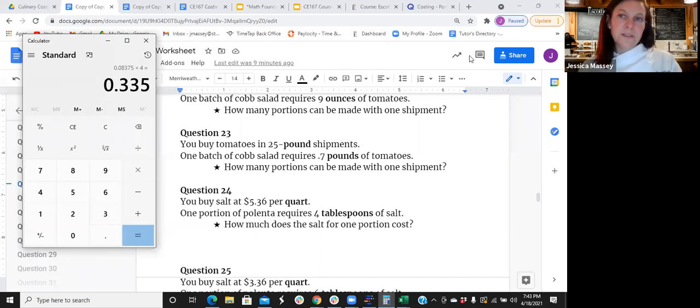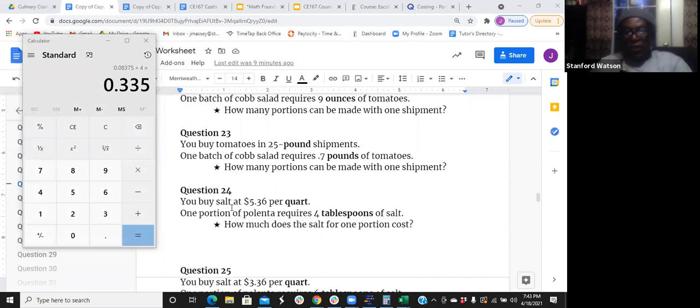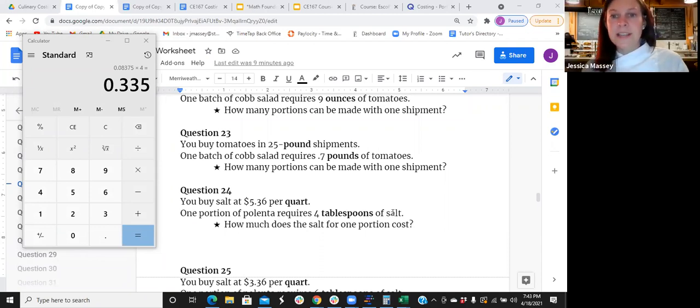Everyone following along so far? So portion, there's no, do we round off? Yeah, you would. When it's asking the cost, that's a great question though, Stanford. When you're talking cost, you're talking cents and dollars.